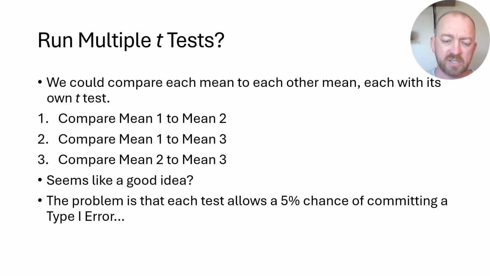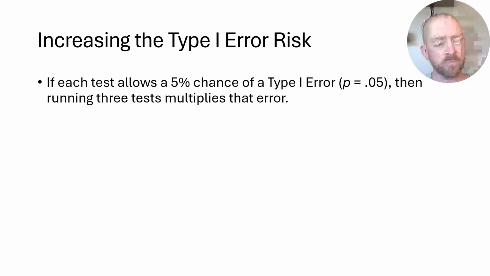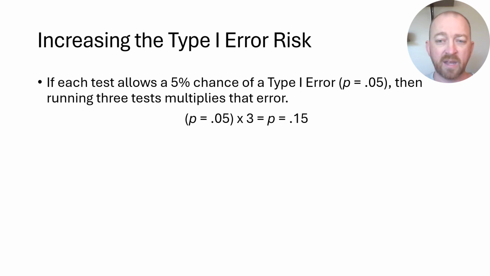So the problem here is if I'm doing that 3 times, I'm now multiplying my error rate. Let's talk about that a little bit more. So again, if every test I allow gives a 5% chance of committing a type 1 error, then if I multiply that 5% chance of error times 3, what I get is, of course, an overall error chance of 15%.